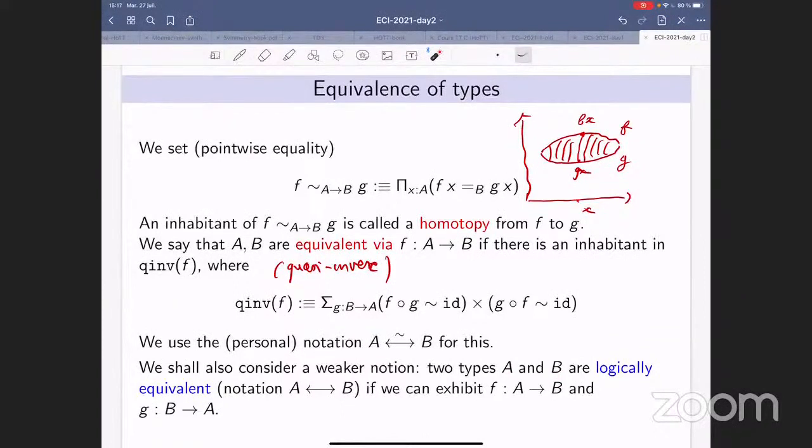It means that you are able to exhibit a function from A to B and a function from B to A, and you don't require the rest. Then you call this logical equivalence. And I have this notation, which is also a personal notation, I believe, for logical equivalence.